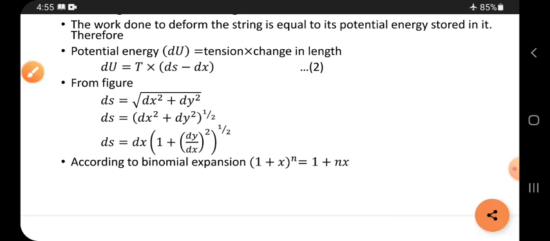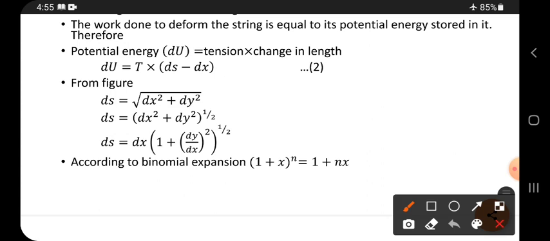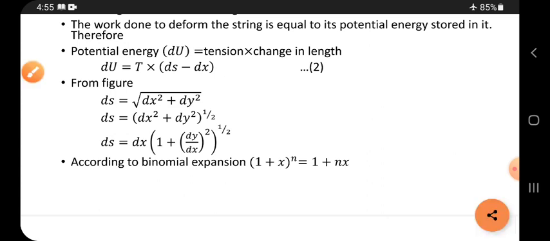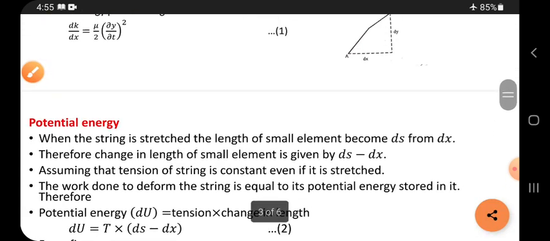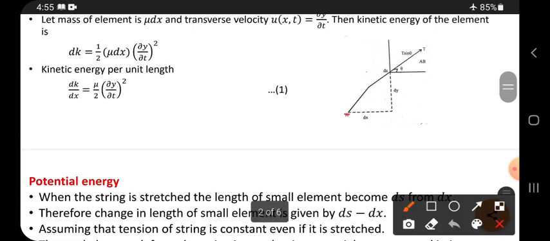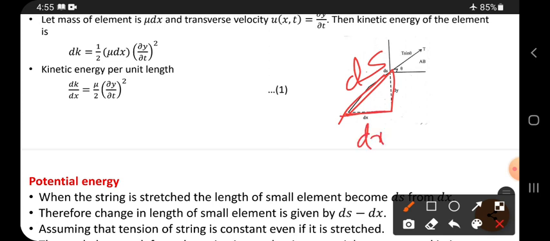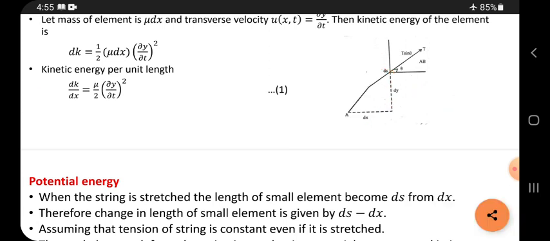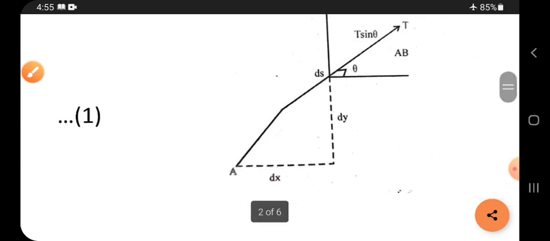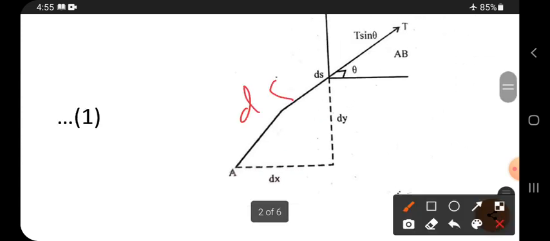Okay, from the figure, see the figure, ds is equal to under root. Why is ds equal to under root? See the diagram. This is the diagram. Let this length be ds. This length is dx, already given. This length is dy. It is one right angle triangle.